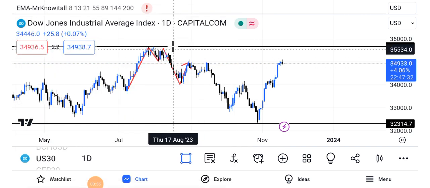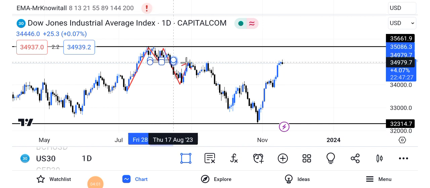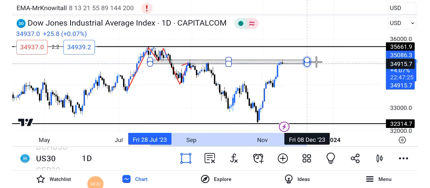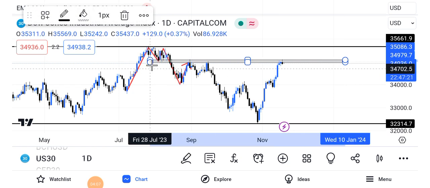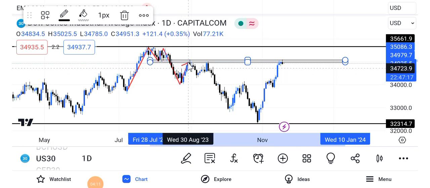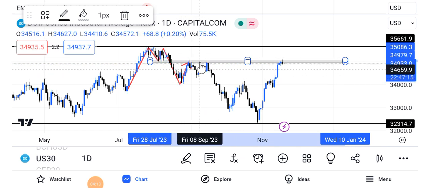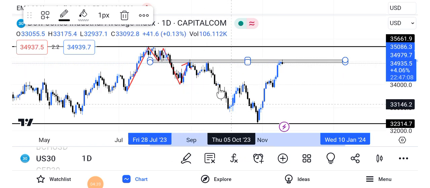So now what's going to happen is that this area right here, this is a very strong level. Why am I saying that? Because now the market broke down this area, and then it kind of created another double top formation right here before this massive drop right here.